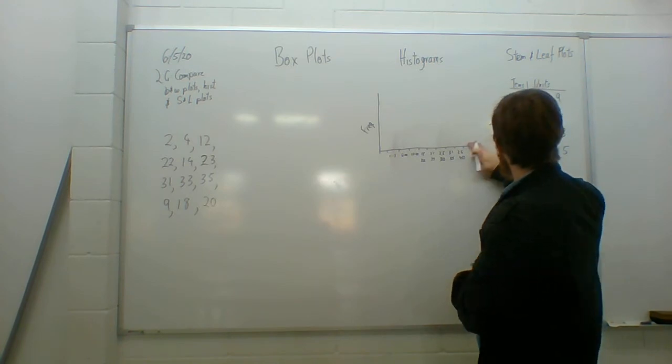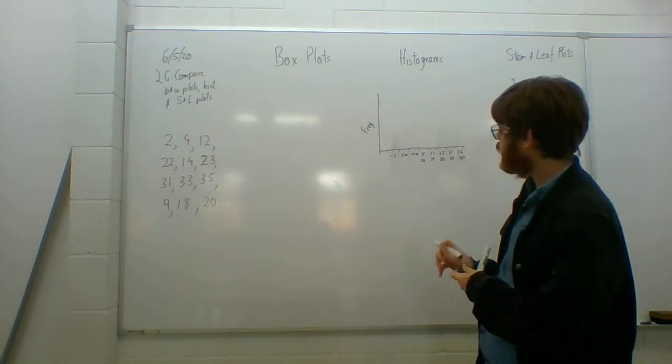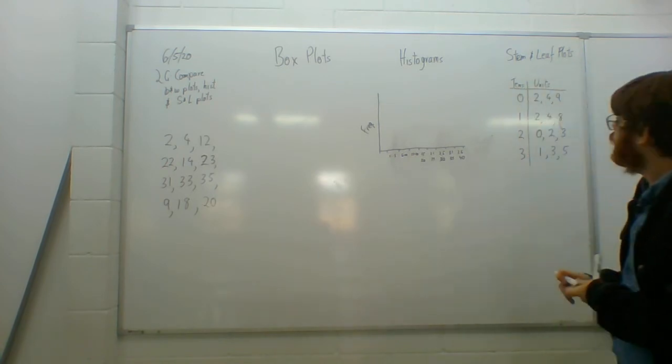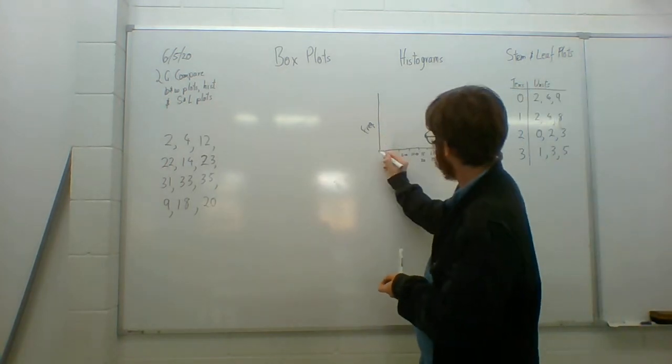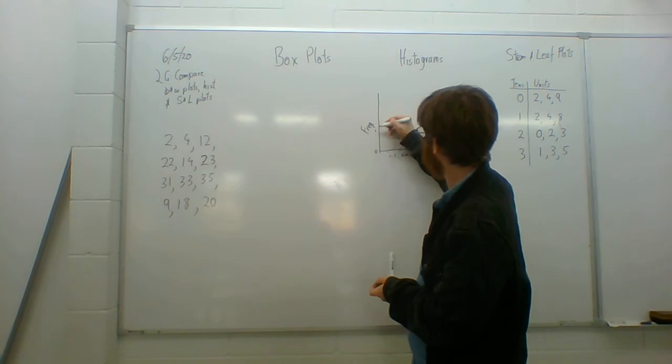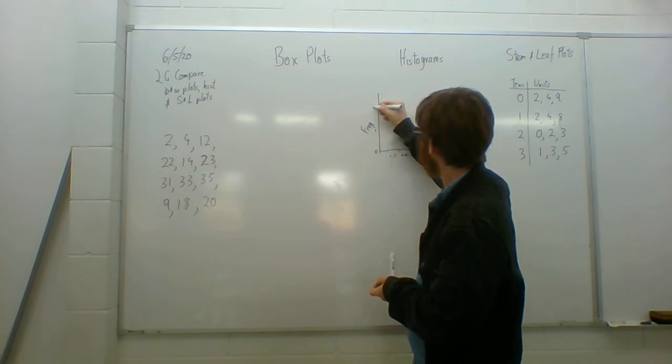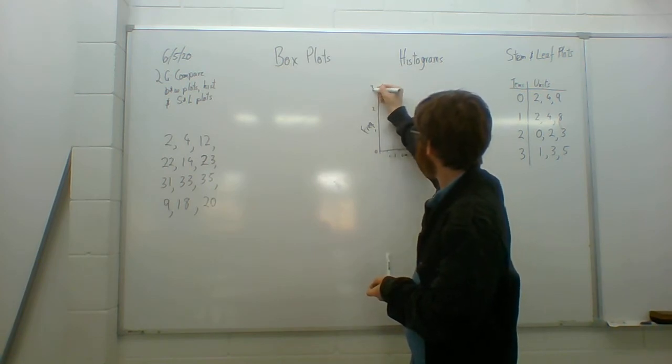Done. Okay, so I want us to have frequency of 0, frequency of 1, frequency of 2, and frequency of 3.